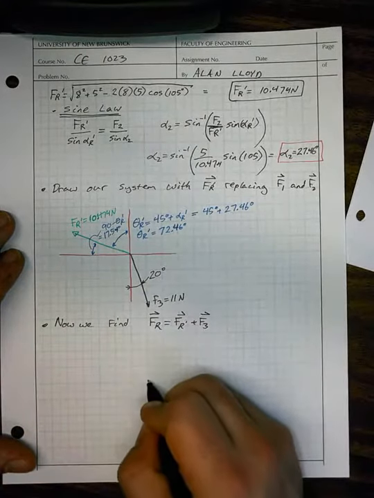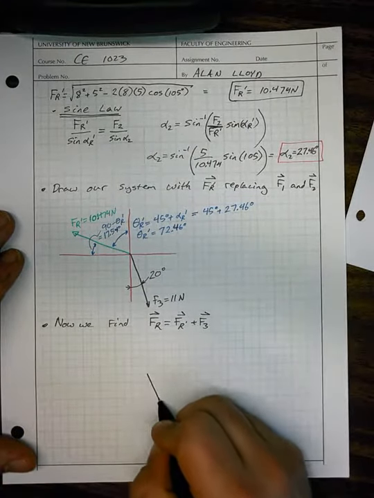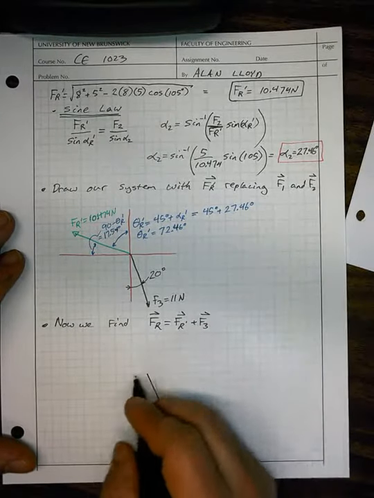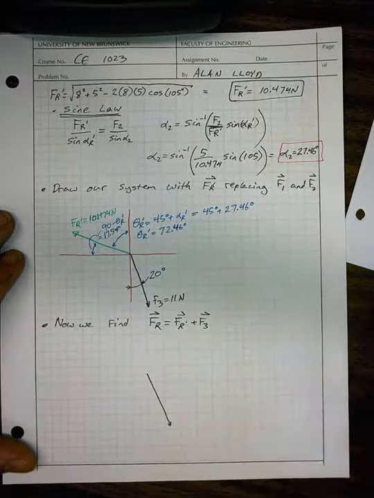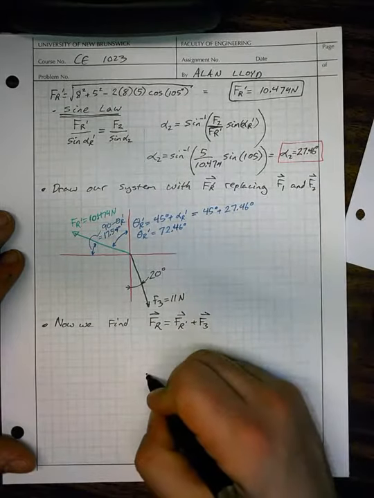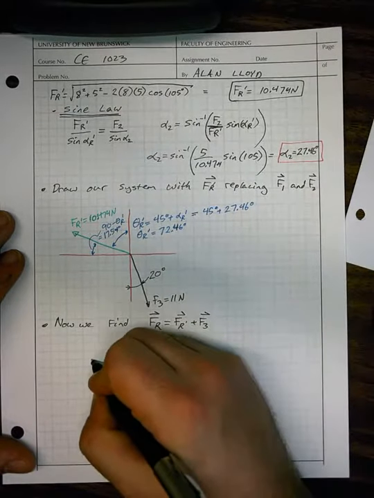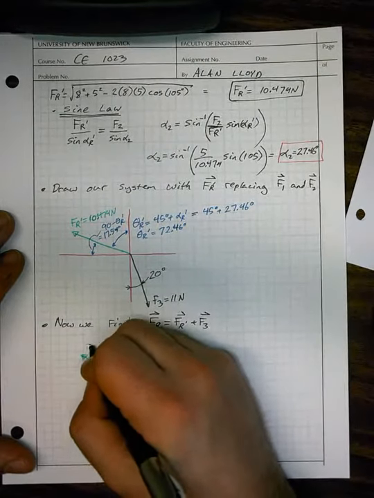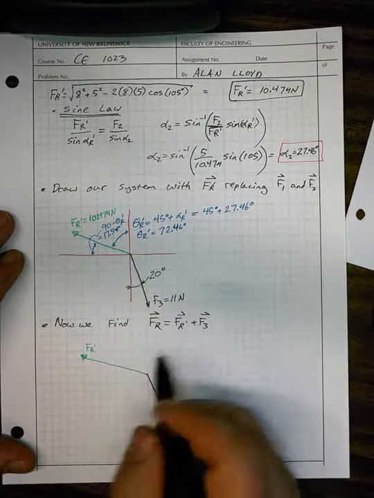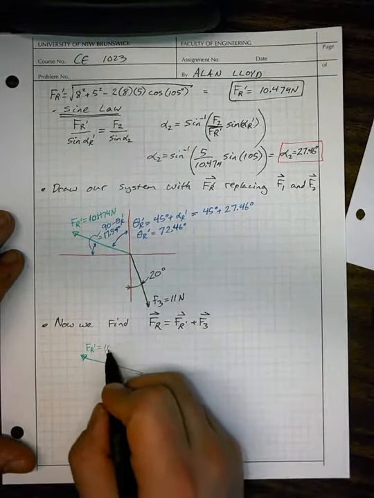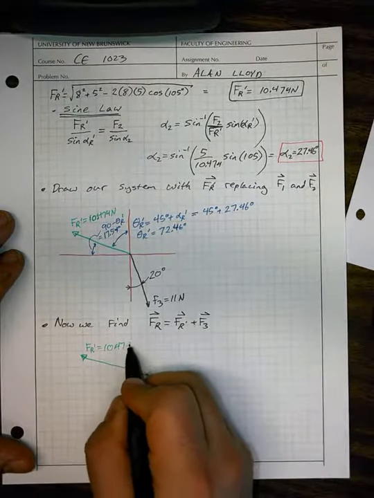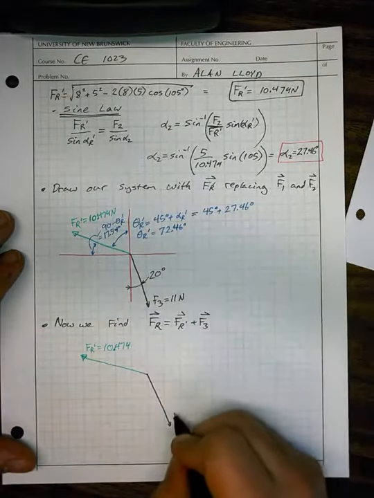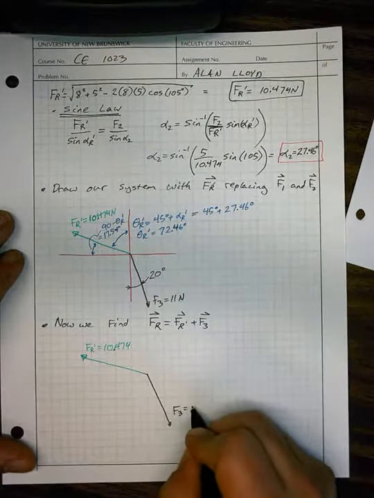So let's start with drawing in F3 here, and to that we'll also draw in FR prime. FR prime is equal to 10.474, and F3 is equal to 11.